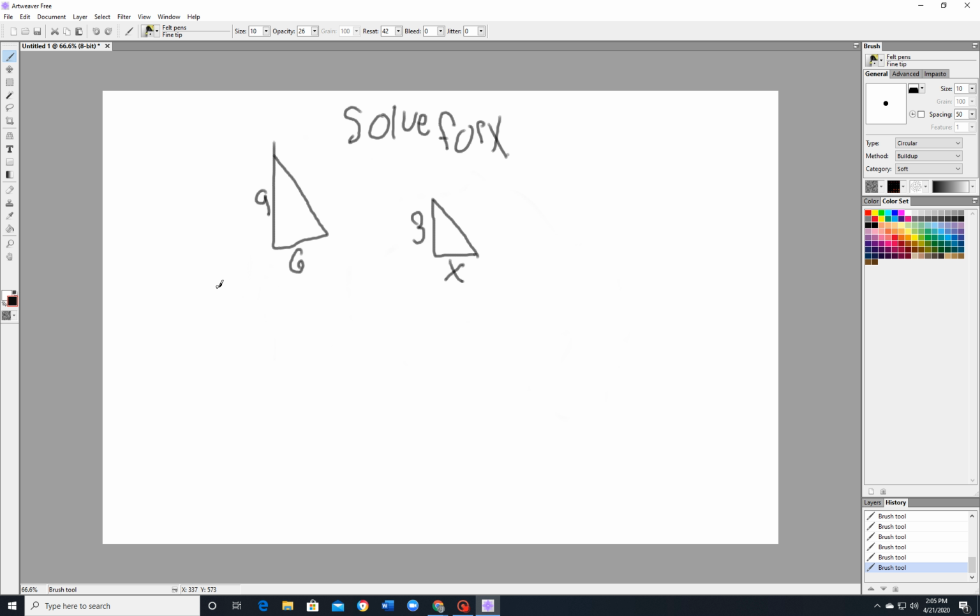And how you can also check is 9 divided by 3, which would equal 3. Then you take the 6 and divide it by 3, giving you 2. And so then x equals 2.